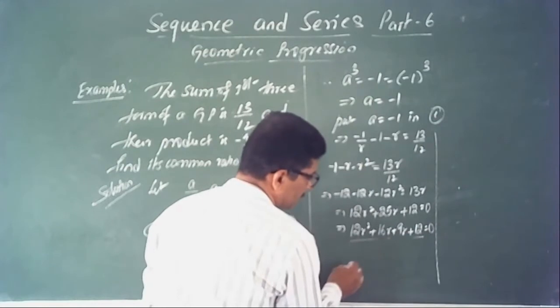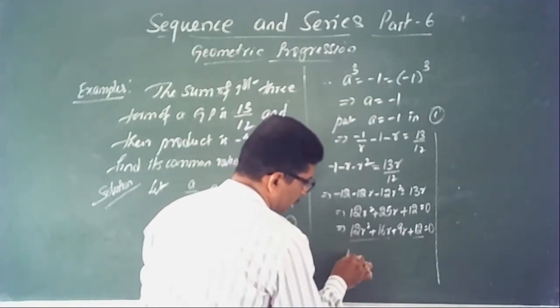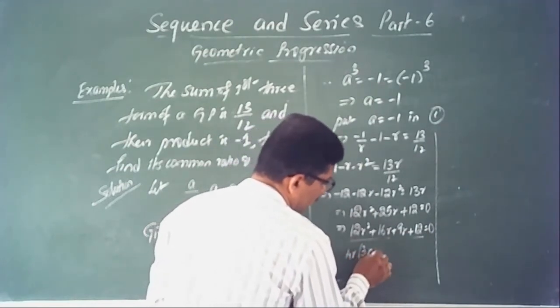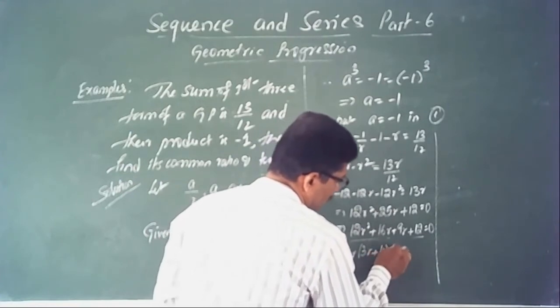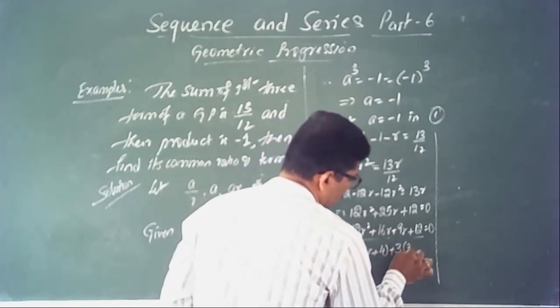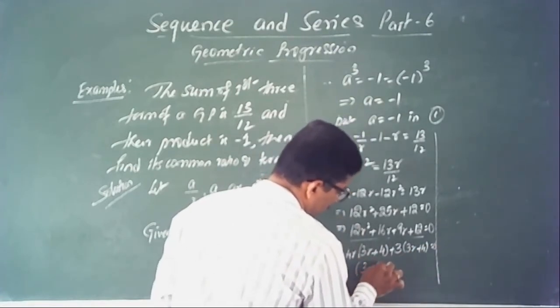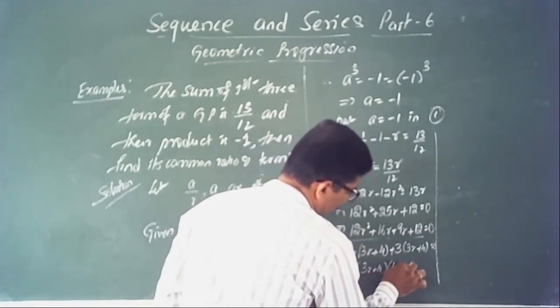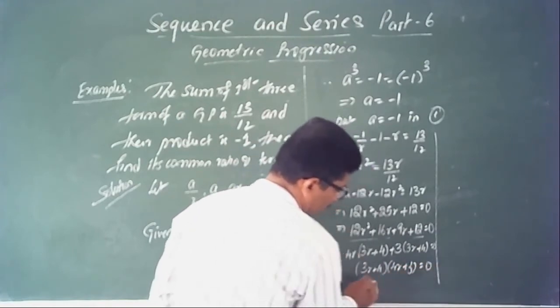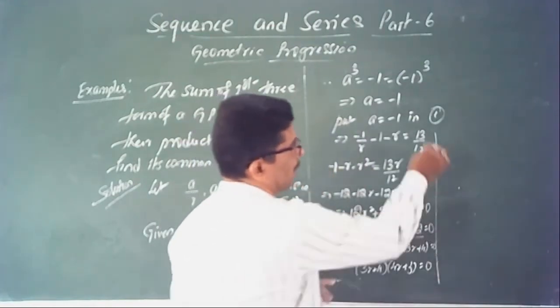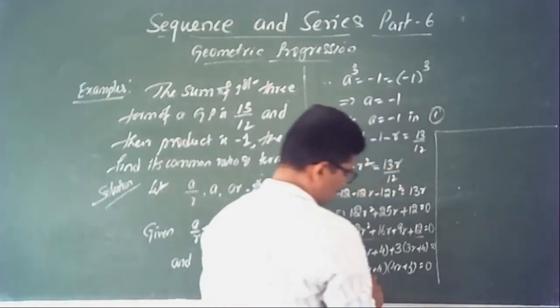Group and factorize. Here 4r is the common term, taking it we get 3r plus 4. Taking 3 as the common term we get 3r plus 4. Taking 3r plus 4 as the common term, we get 4r plus 3 equal to 0. A into B equal to 0 means either A equal to 0 or B equal to 0.